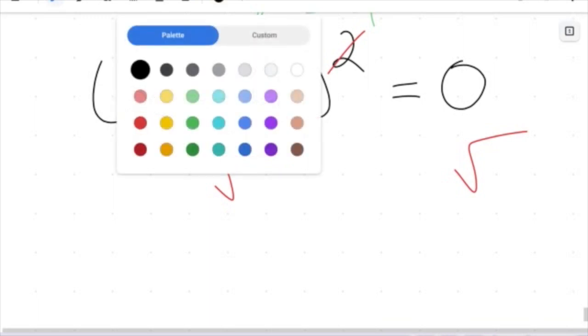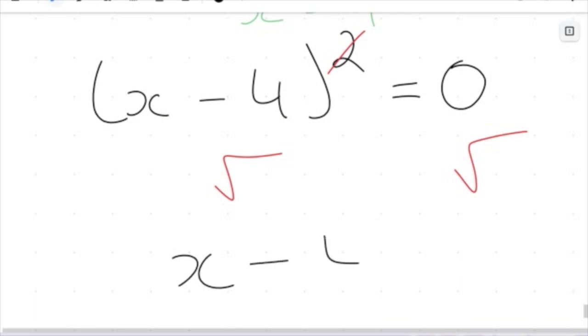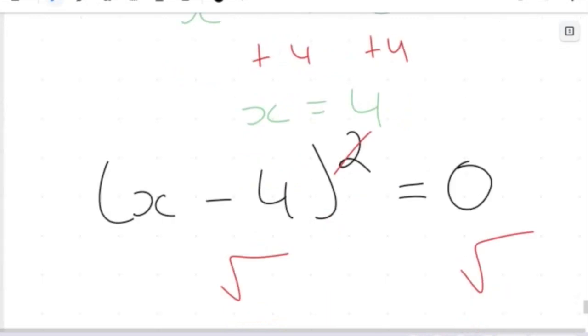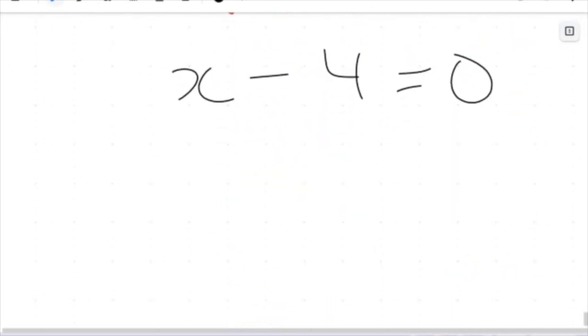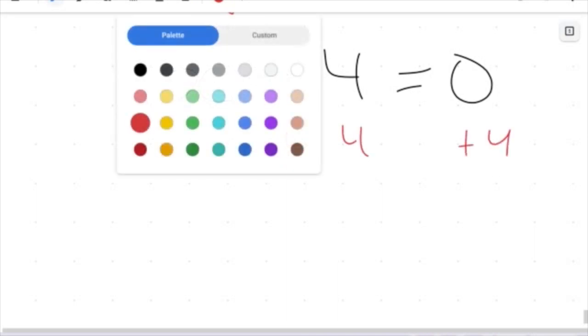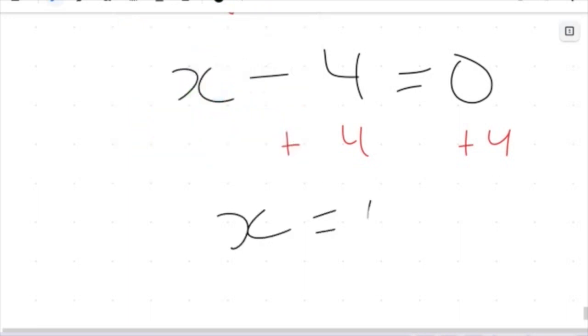And this leaves me with x minus 4 equals 0, and I'm left at the same step as up here. I only have actually one solution. So when I go through and solve this, I wind up with x equals 4 as my only solution.